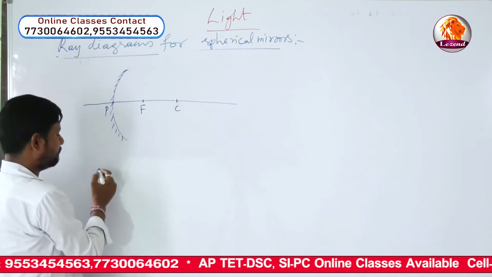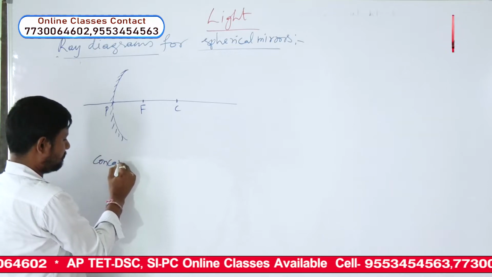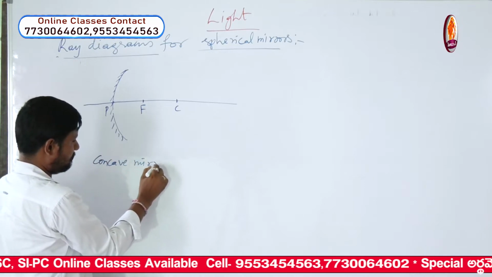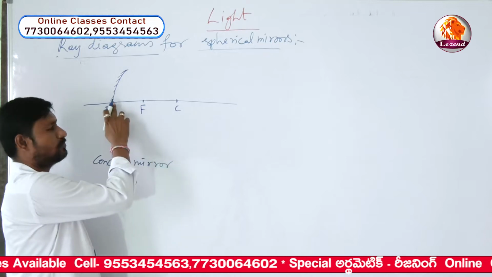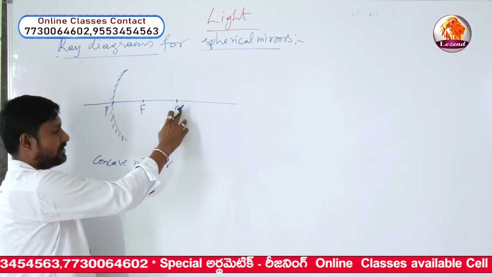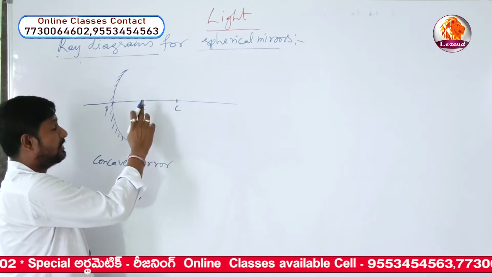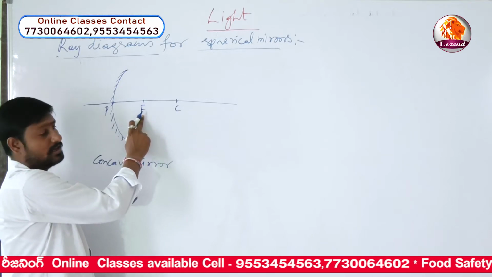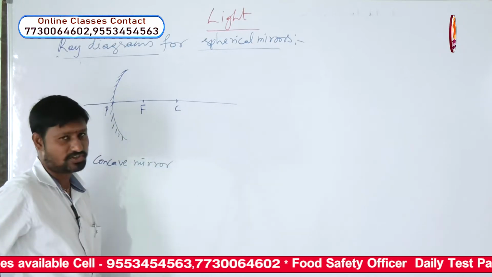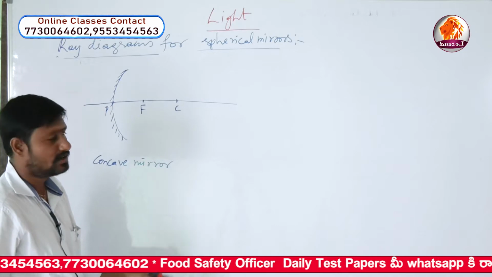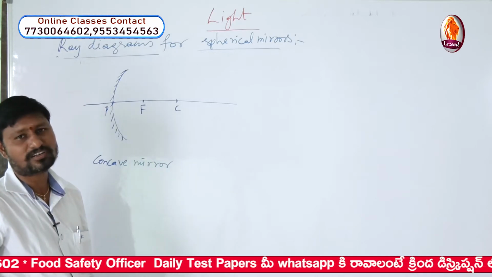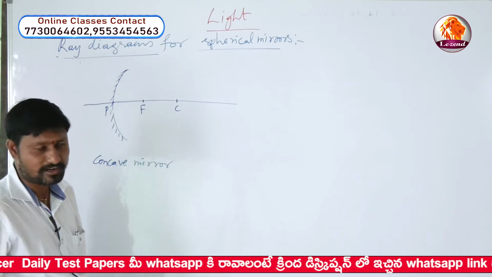Concave mirror, pole of the mirror, center of curvature, principal focus, and principal axis, which you know already. Let us see how the image formation takes place with this concave mirror.